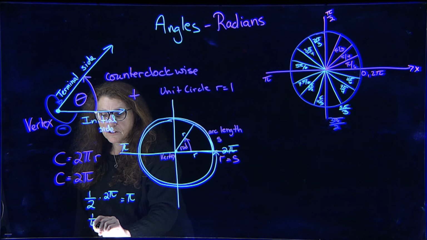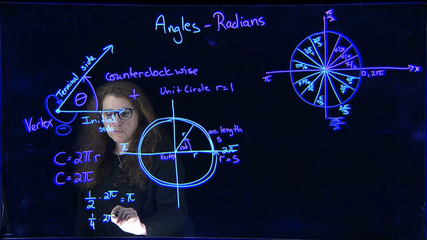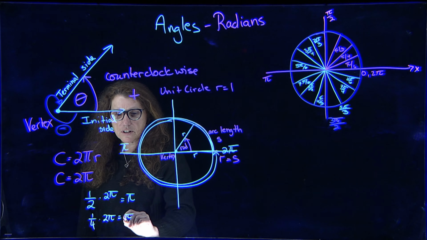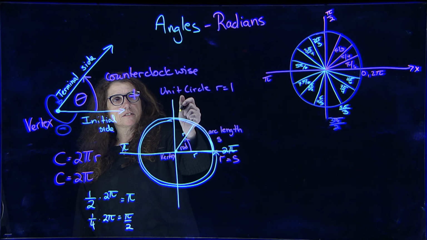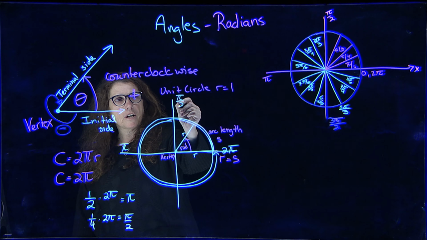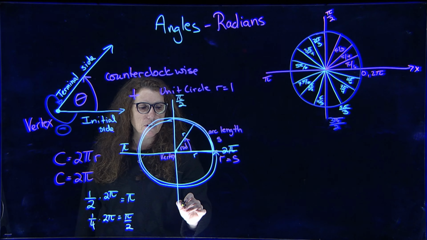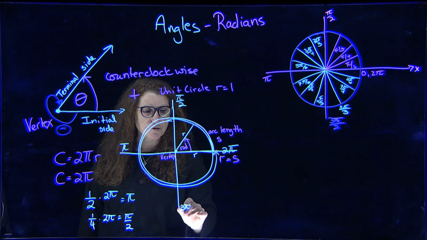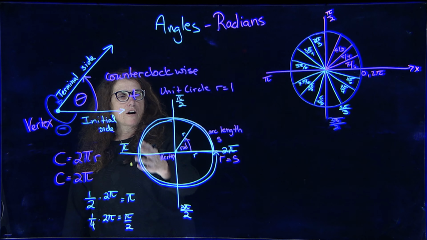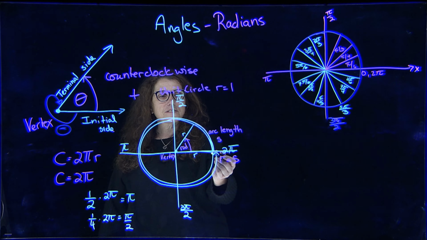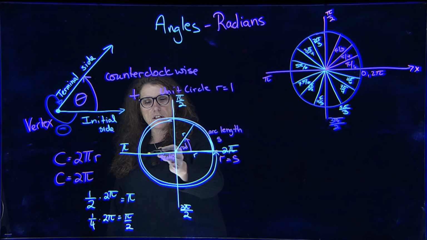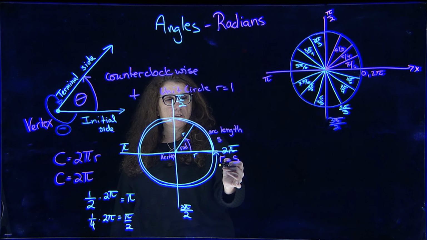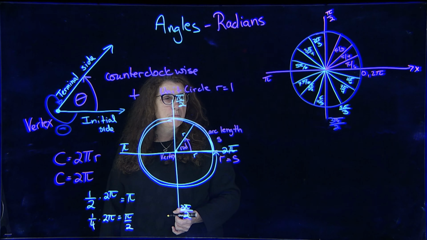If I find 1/4 of 2 pi, reduce, that's pi over 2. So my 90-degree angle here is pi over 2, and here we have 3 pi over 2. So our angles on the axis, we start at 0, we go pi over 2, pi, 3 pi over 2, and we end up at 2 pi.